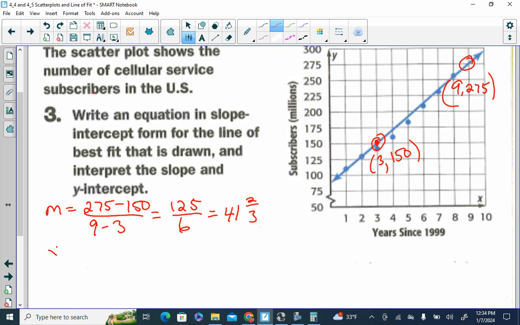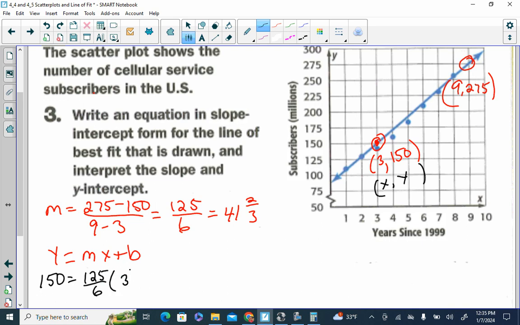So now we have to use y equals mx plus b to find our y-intercept. I can use either one of these 2 points. I'm going to use this first point here just because the numbers are smaller. So remember this is an x value, it's a y value. So I'm going to use 150 for y. My m was 125 over 6.